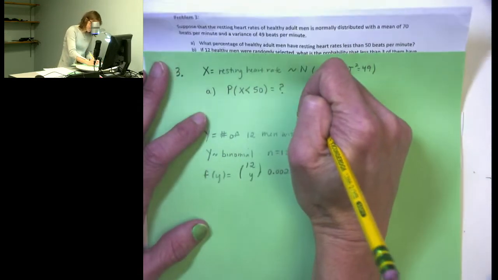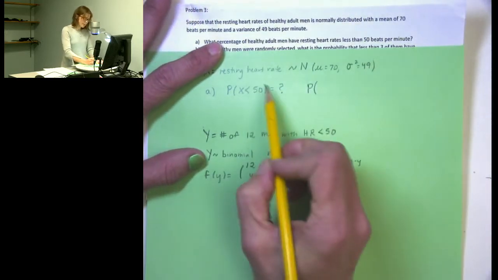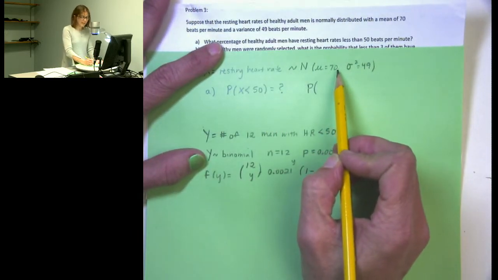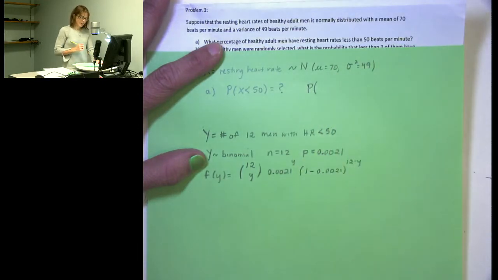I can either use the normal CDF with my calculator if I have it, with a mean of 70 and standard deviation of 7 because the variance is 49, or I can standardize.